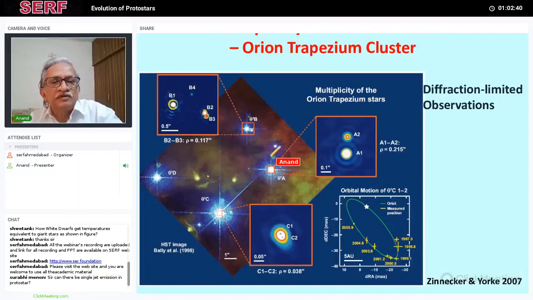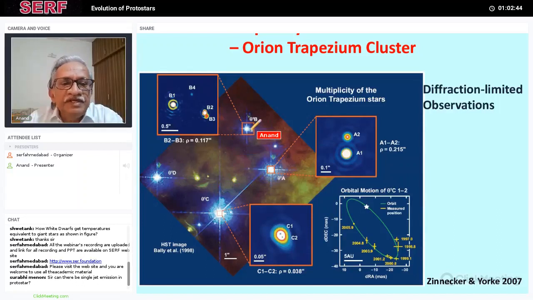Take the Orion trapezium stars here, theta 1A, theta 1B, theta 1C, theta 1D. These are all O type stars, very massive stars. So the theta 1B here has 4 companions in very high spatial resolution observations. Very high, because these are separations of less than an arc second. So you need very high spatial resolution for that.